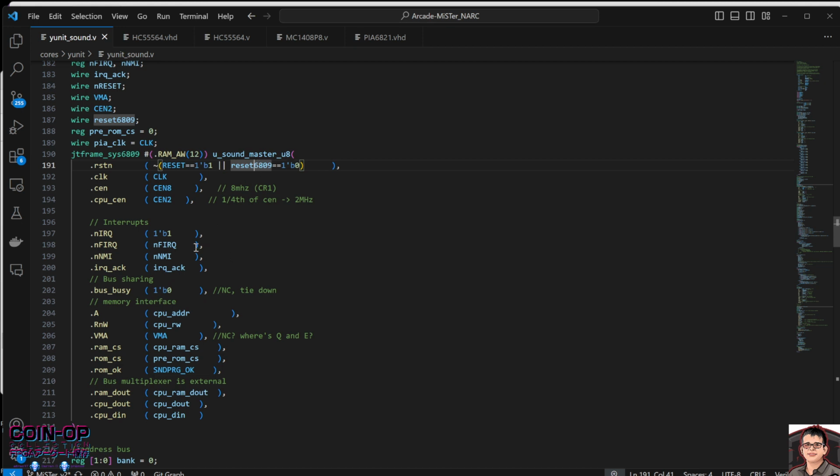So I handle both conditions, because for some other games, the CPU program resets the sound CPU in some random places, not only at the start of the game, but sometimes in the middle of the game too. Actually, it does happen in this game.